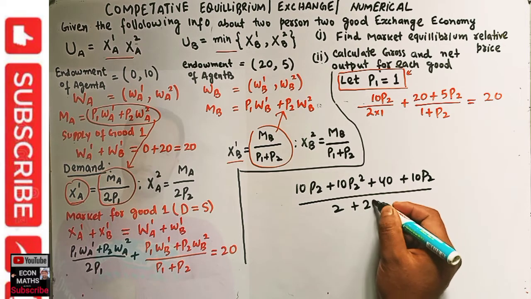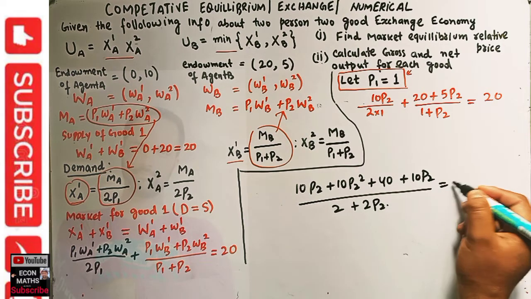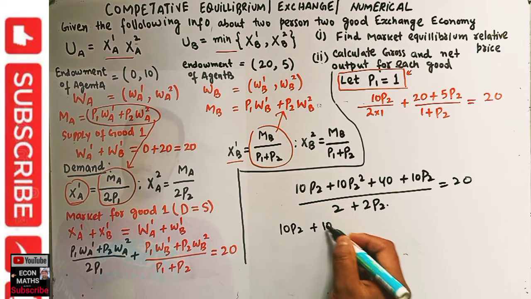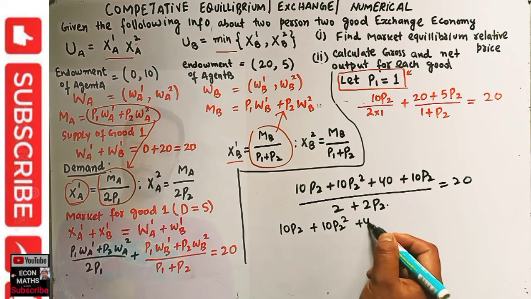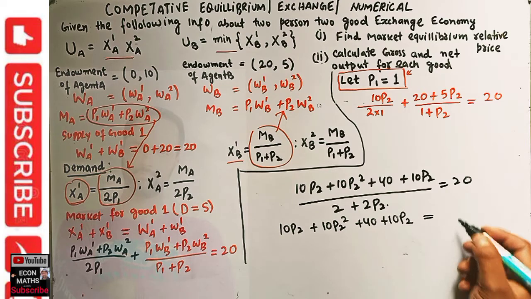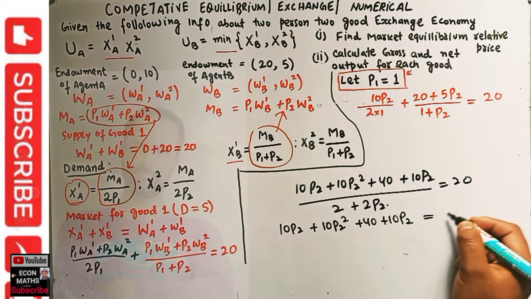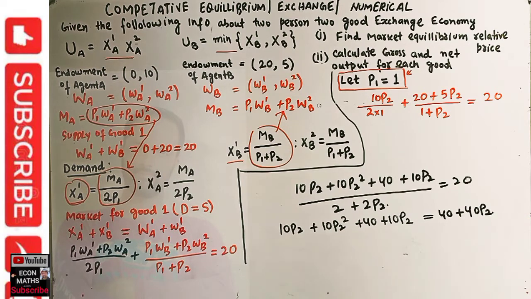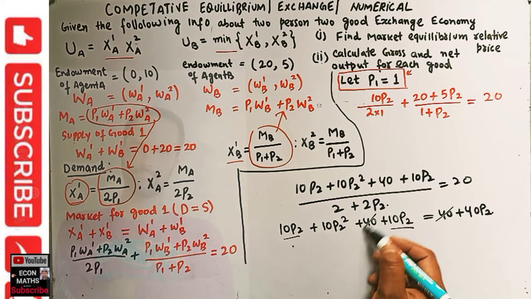So we get 2 p2 should be equal to 20, or 10 p2 plus 10 p2 square plus 40 plus 10 p2 is equal to, taking this here, 2 into 20 is 40 plus 40 p2. So this is 10 p2, 10 p2 is 20 p2. This 40 and 40 will obviously get cancelled.